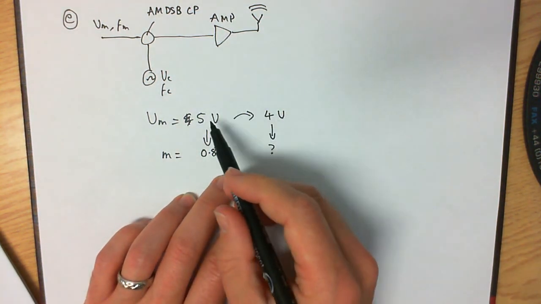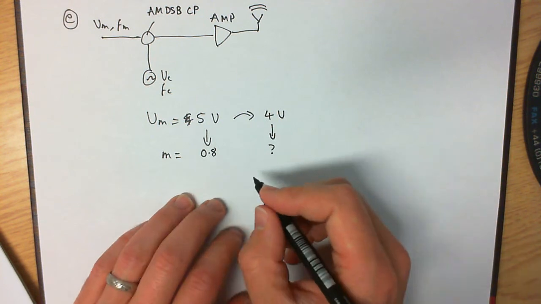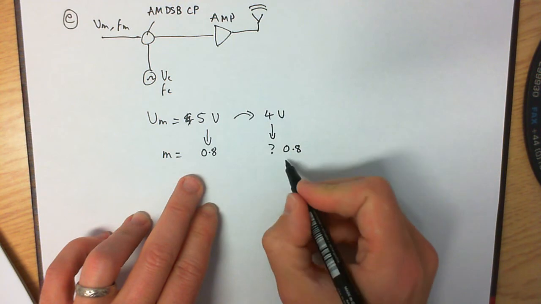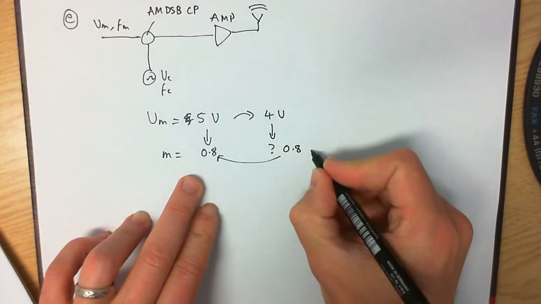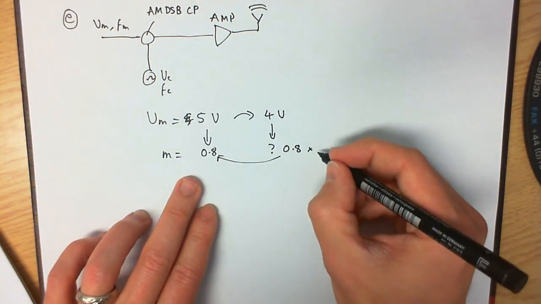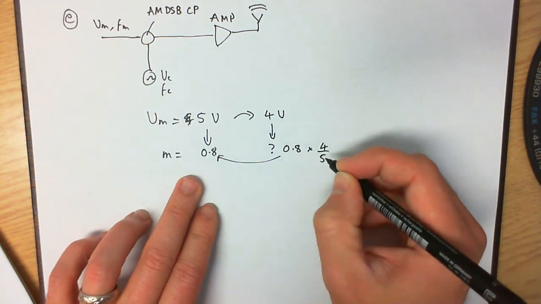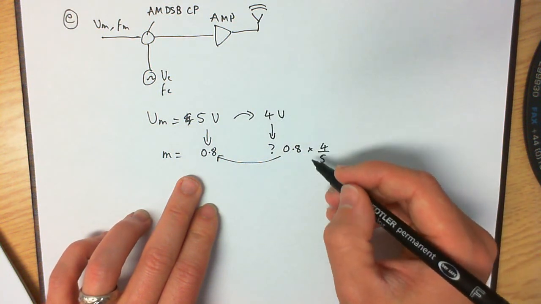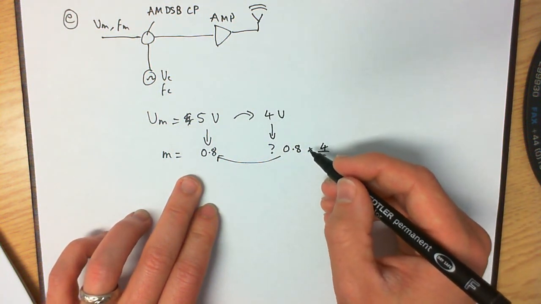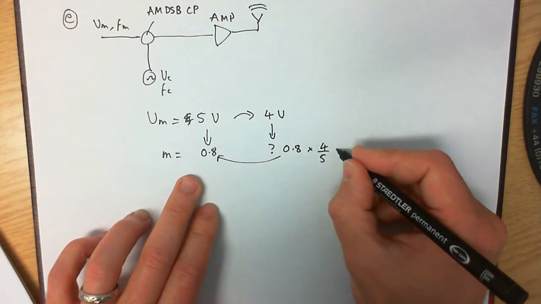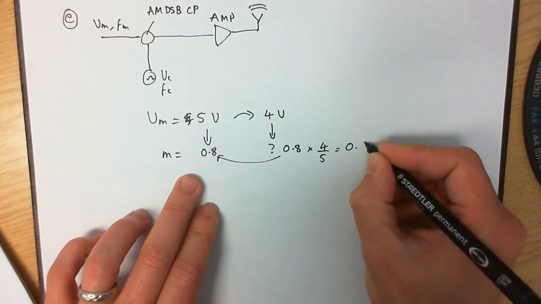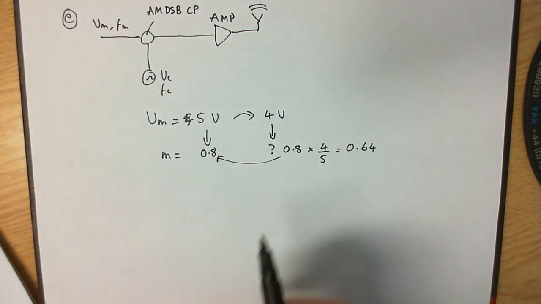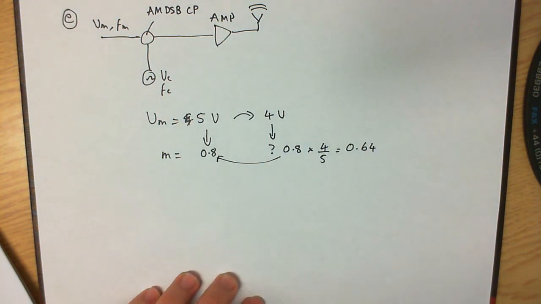And because it's a linear operator, it's just the ratio. So now our new modulation index is going to be 0.8 multiplied by 4 divided by 5, because we're reducing by a factor of 4 over 5. And that gives us a value of 0.64. So that's our new modulation index by reducing the voltage from 5 volts to 4 volts.